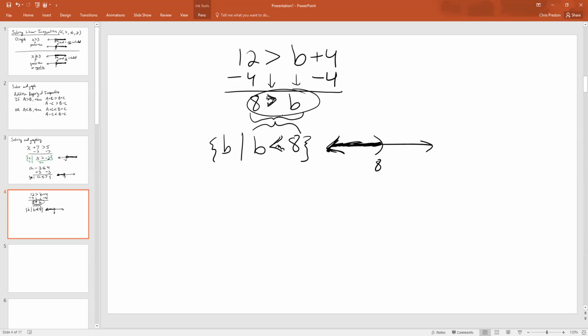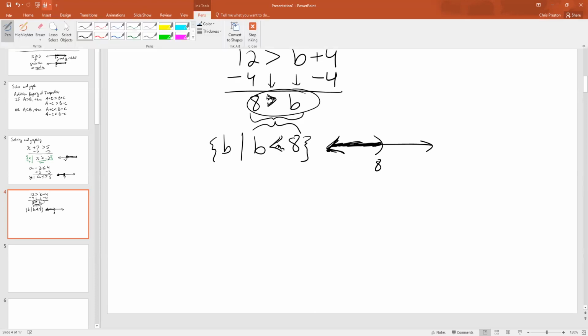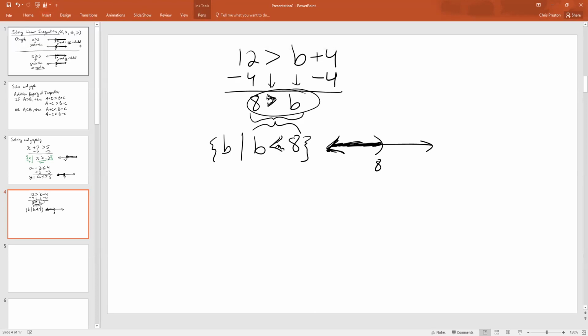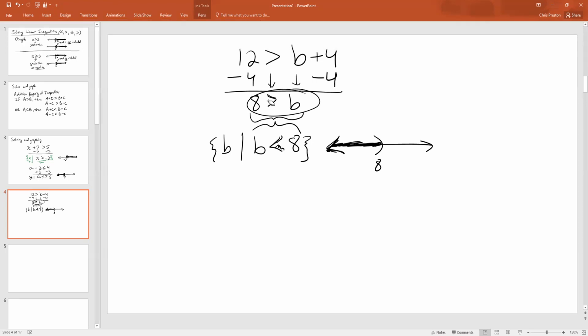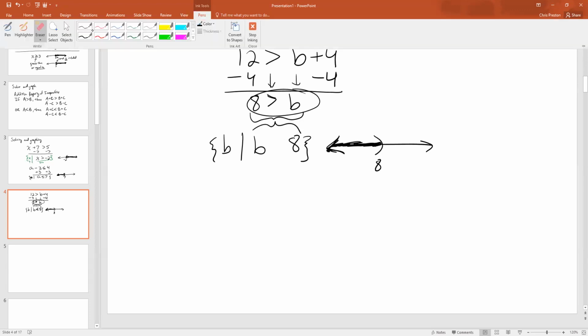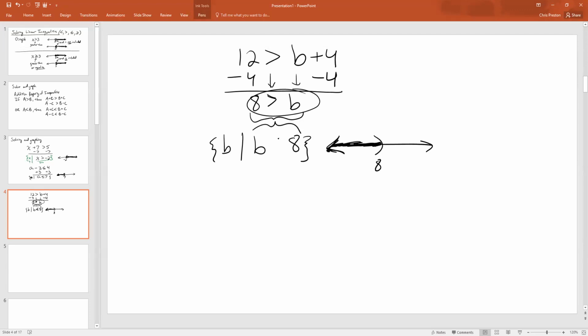If you can read it that way and graph it correctly, fine. But if you think there's a chance you won't graph it correctly, then go ahead and move it around the other way, so that your letter is on the left-hand side.